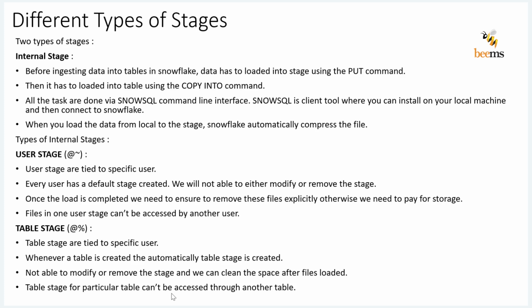In the table stage, you are able to see the files that you have loaded to any table, like employee table or customer table, loaded from S3 or from Azure. Whatever file you have loaded into any particular Snowflake table, at that time you can see these table stages.